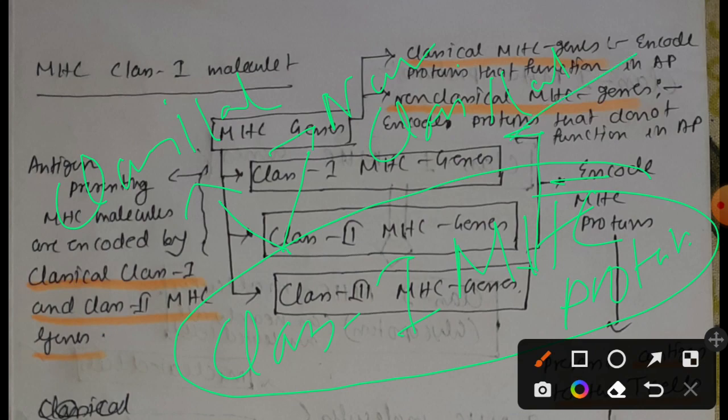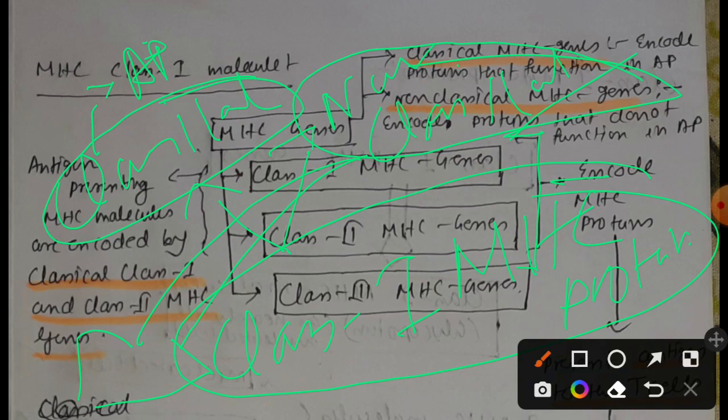Okay, so what are classical MHC genes? Classical MHC genes are those that play an important function in antigen presentation. On the other hand, non-classical genes are those that do not play any kind of role in antigen presentation.